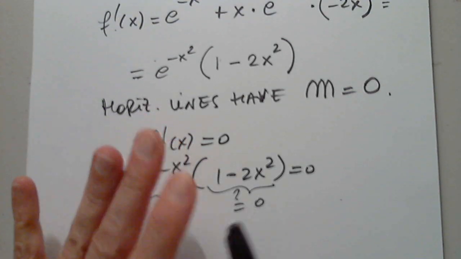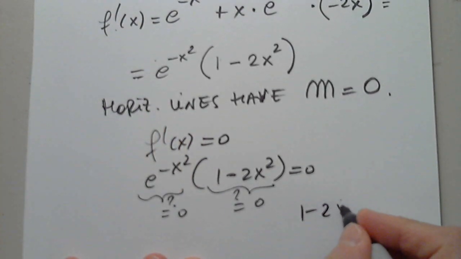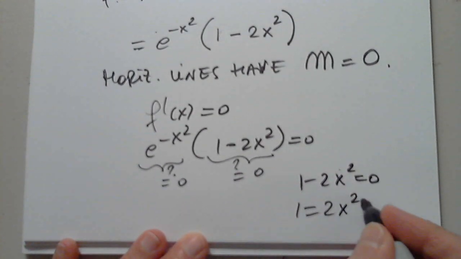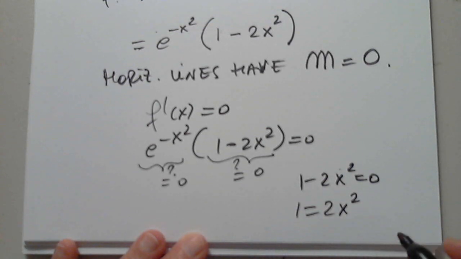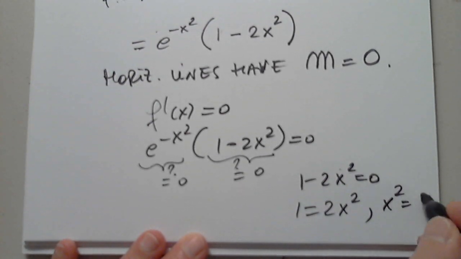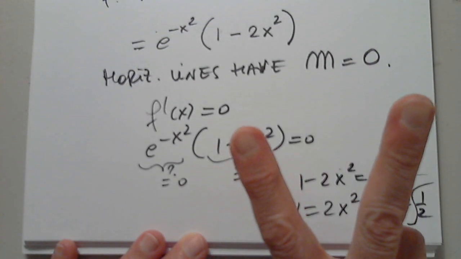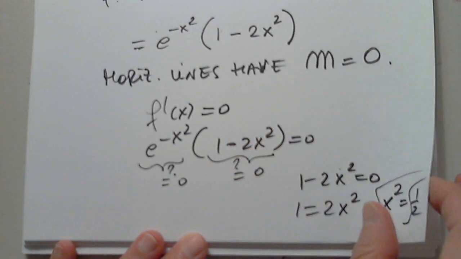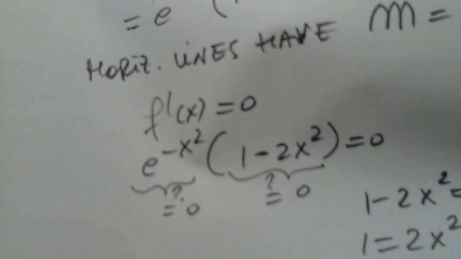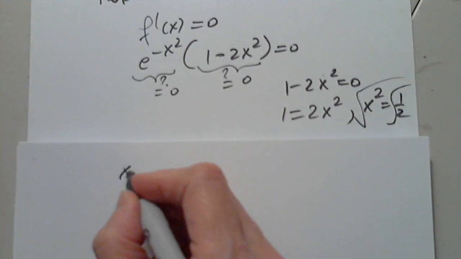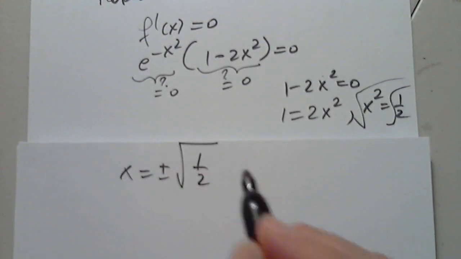Yes. 1 minus 2x squared equals 0, or 1 equals 2x squared. I divide by 2, and I have x squared equals 1/2. And then I have to take the square root. Remember, I need to obtain two solutions. It's x squared, so I get x equals plus or minus the square root of 1/2.